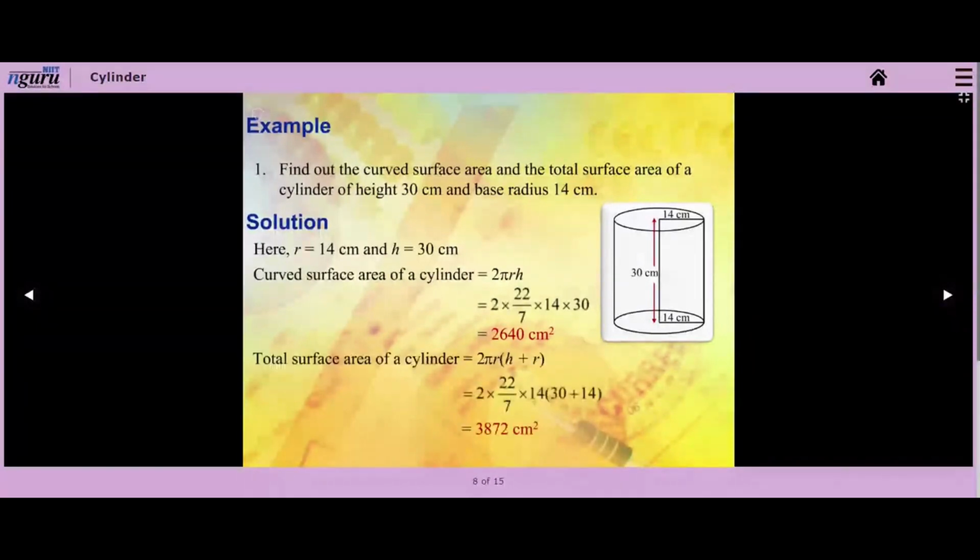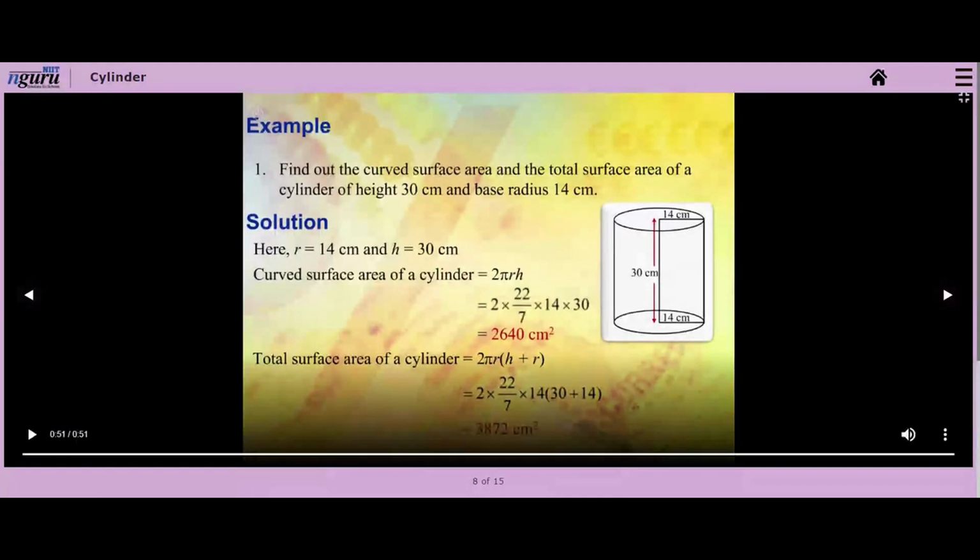The total surface area of a cylinder is equal to 2 pi r multiplied by h plus r. On substitution, we get the total surface area equal to 3,872 square centimeters. Is this what you got? Yes, ma'am. 2 pi r into r plus h.